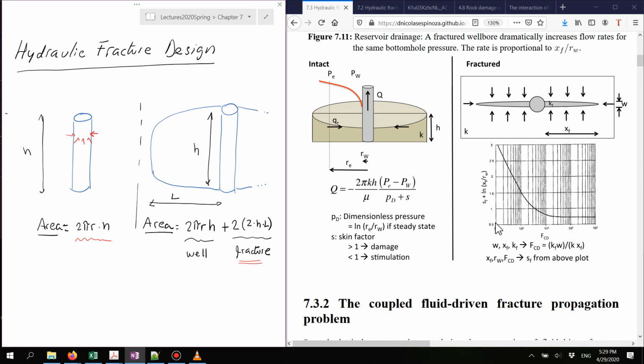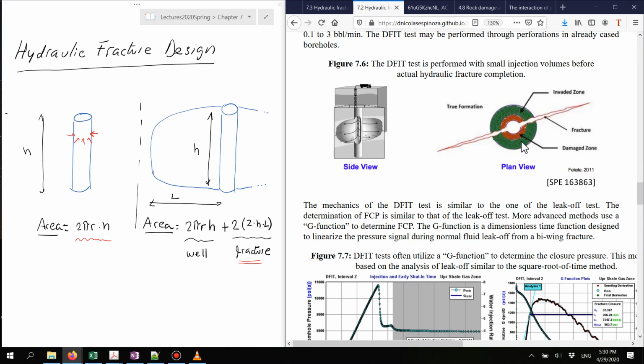Here we're going to discuss specifically what are the geomechanical parameters that control hydraulic fractures. One more reason to have a hydraulic fracture would be that, for example, you want to get out of a damaged zone, a region near the wellbore that may have a reduced permeability because of infiltration of drilling mud.